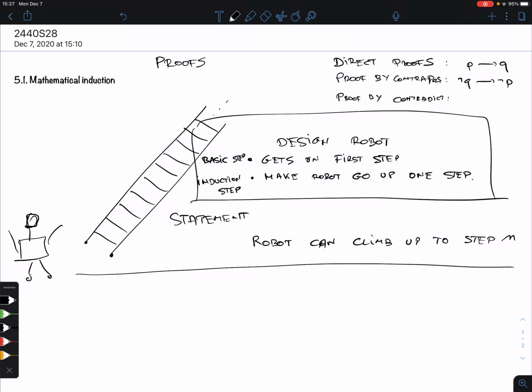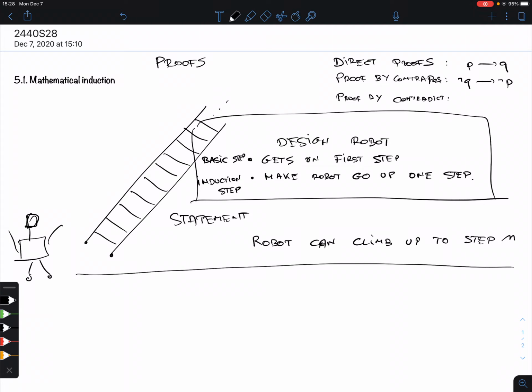Of course, for some things 5 trillion might not be feasible, right? Because that is a little bit the magic of induction, that even huge numbers which cannot actually be carried out, because we don't have the time or the space, the universe will be gone by the time the robot has climbed up a billion steps. Not a billion steps, but there are much huger numbers. But yet, that's the claim that I make.